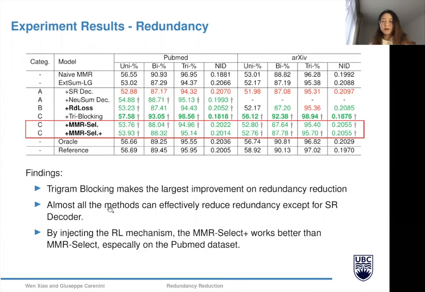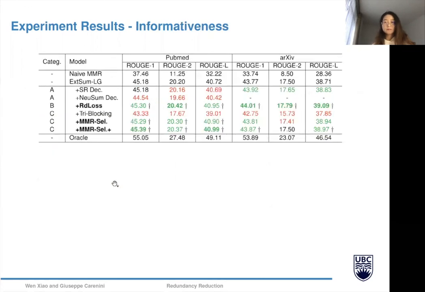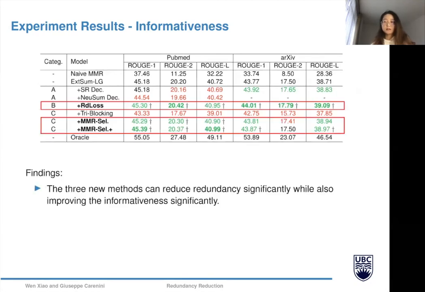By injecting the RL mechanism, MMR Select Plus works better than MMR Select, especially on the PubMed dataset. As for the informativeness, the three new methods can reduce redundancy significantly, while also improving the informativeness significantly.